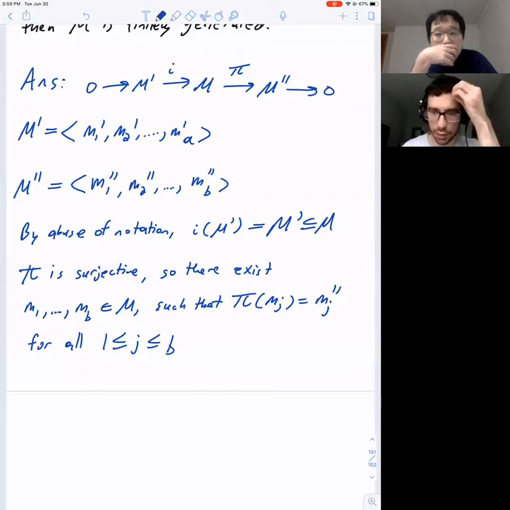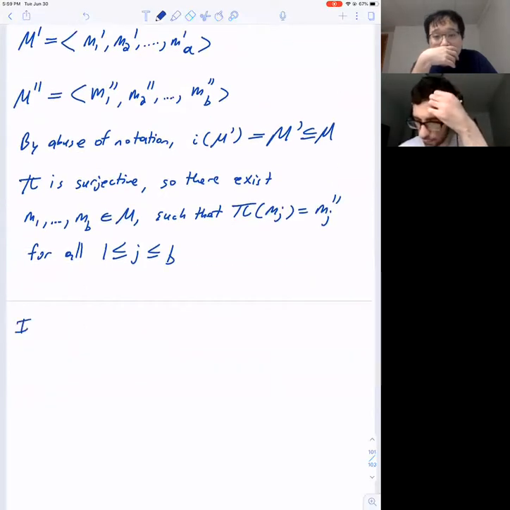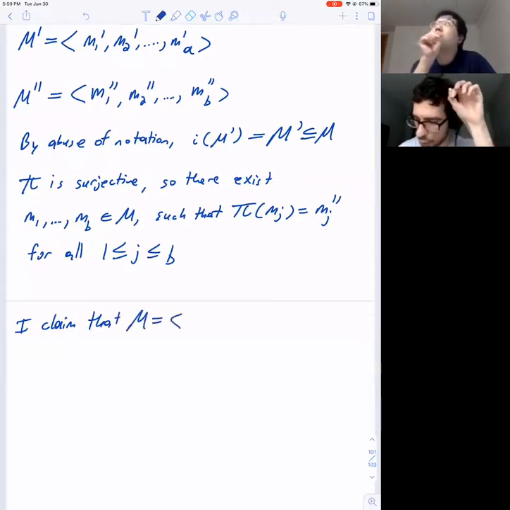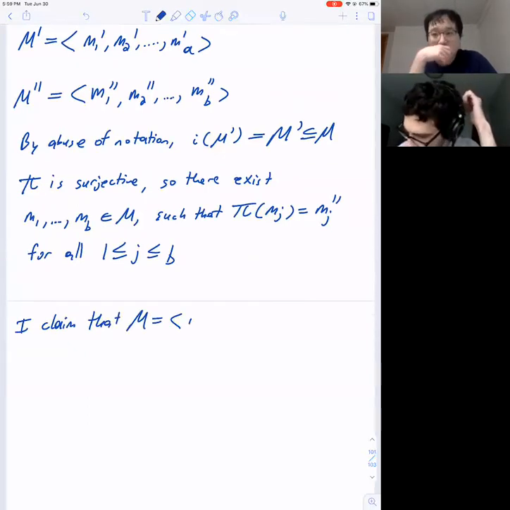And then I claim that M is generated by these M1 to MB.